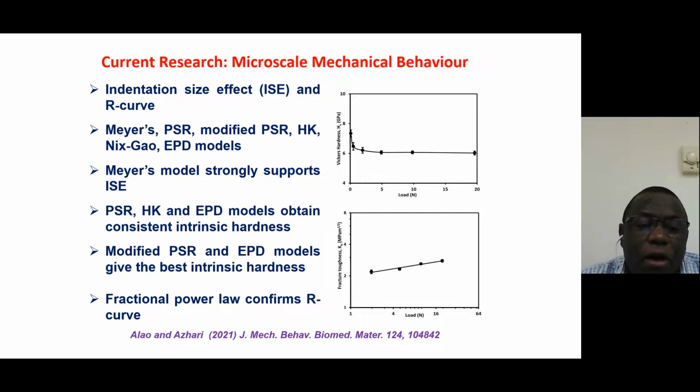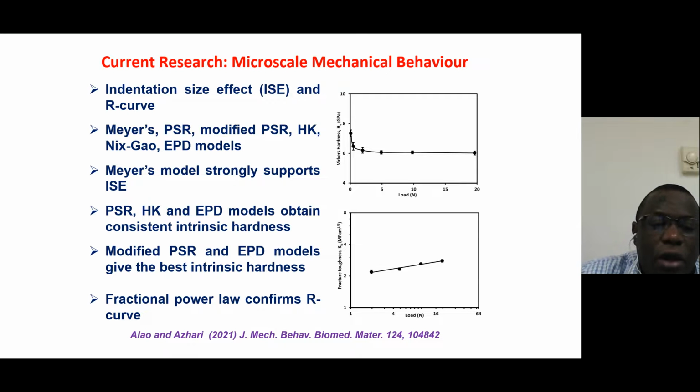Based on my findings, I was able to find that Meyer's model strongly supported the normal indentation size effect, and then the proportional specimen resistance model, Ashby and Kendall model, and elastic plastic models obtained consistent intrinsic hardness.